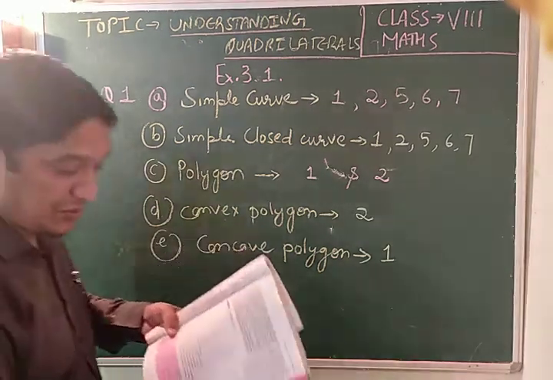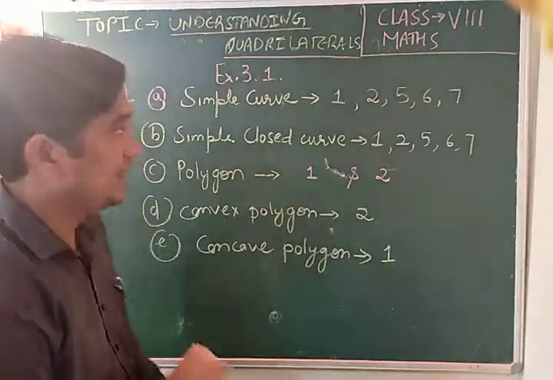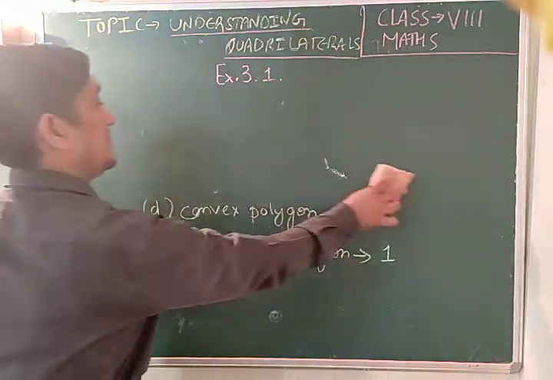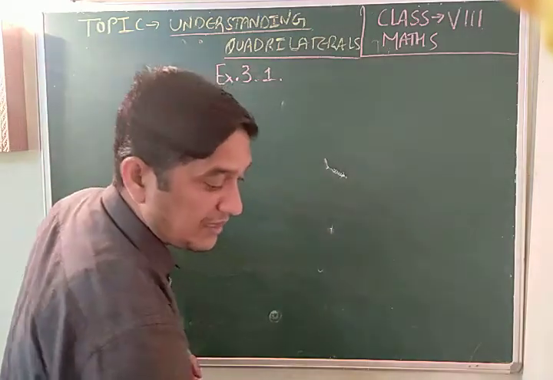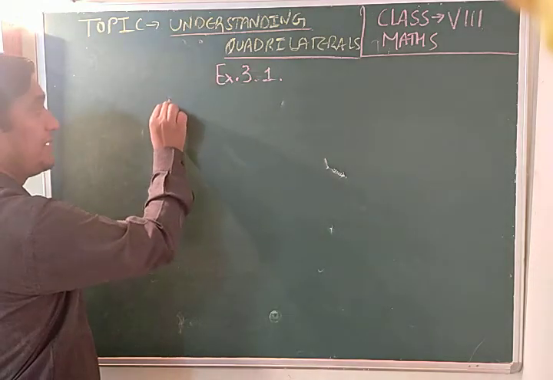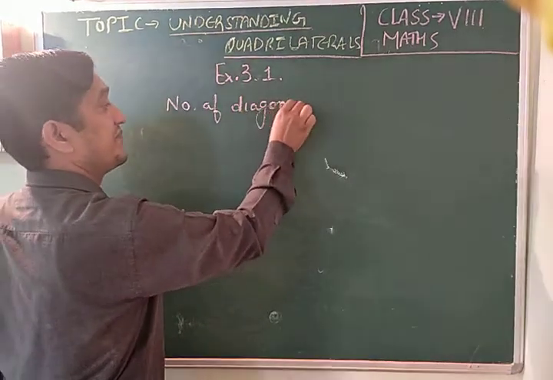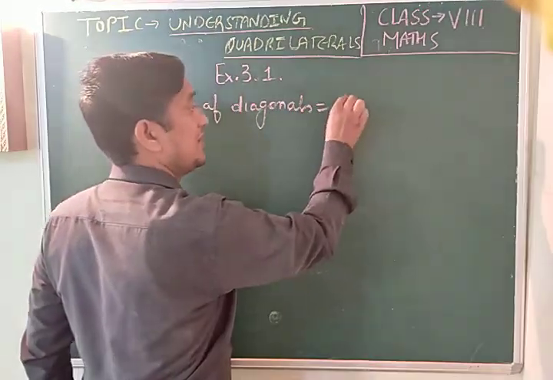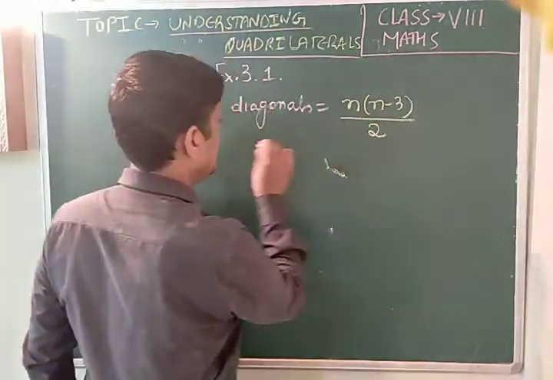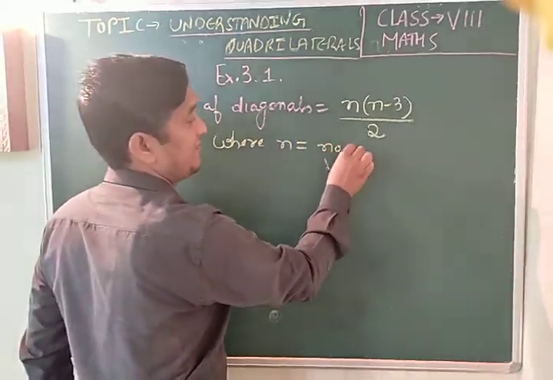Children, after this we have to do question number 2. How many diagonals does each of the following have? We have to find the number of diagonals. Children, if we want to find the number of diagonals, we have to simply learn this formula: number of diagonals is equal to n(n minus 3) upon 2, where n is equal to the number of sides.